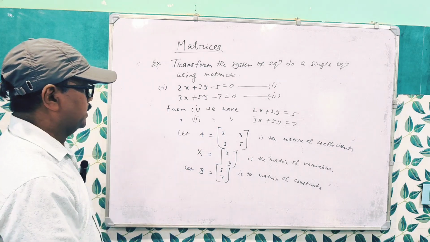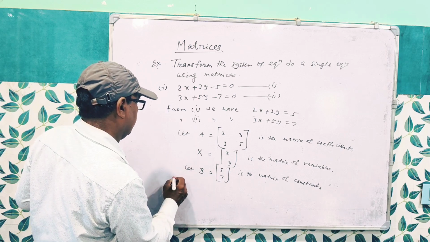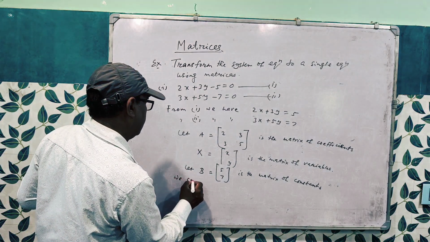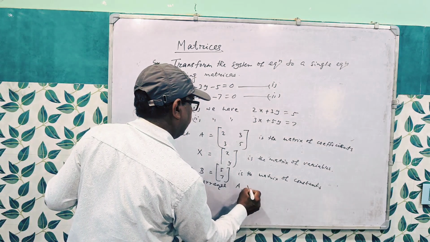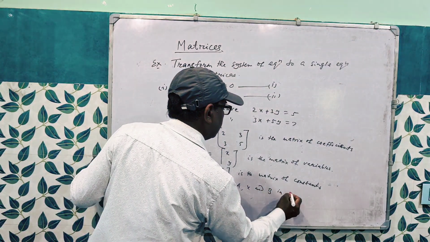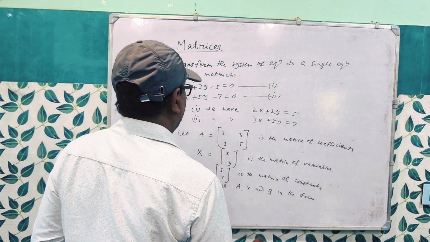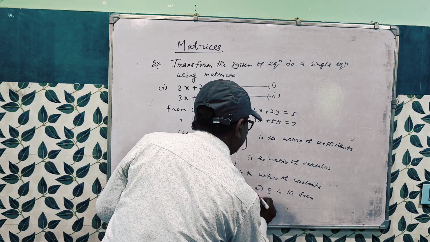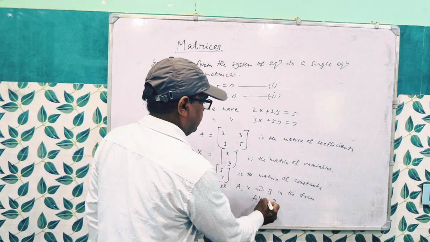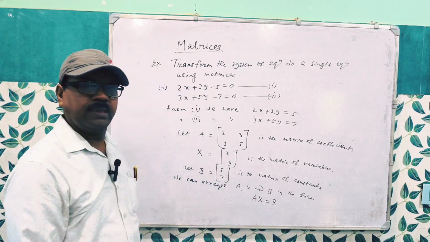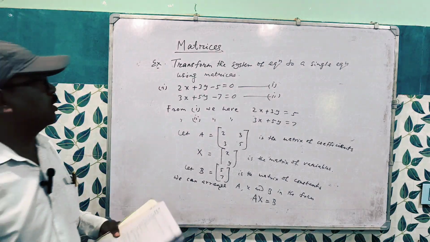Now we can arrange A, X and B in the form AX is equal to B, which is a single equation of matrices. AX is equal to B. Clear?